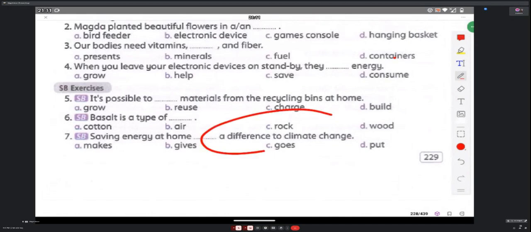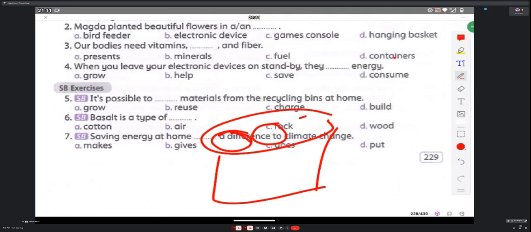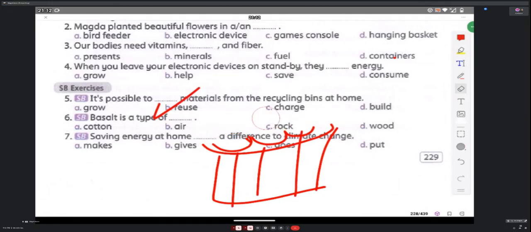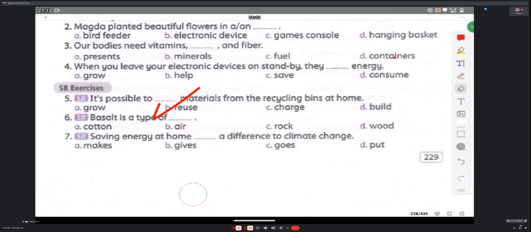I throw all my old things, my garbage or rubbish or trash, in the recycle bin, so I can collect them, use the paper, use the plastic, use the bottles, and reuse them again. Use materials from the recycle bins, and so on.